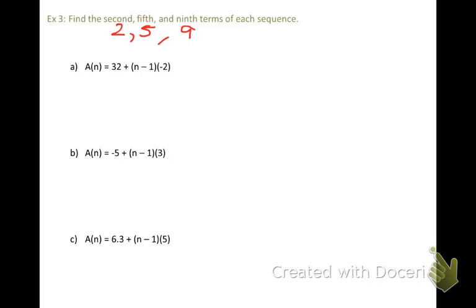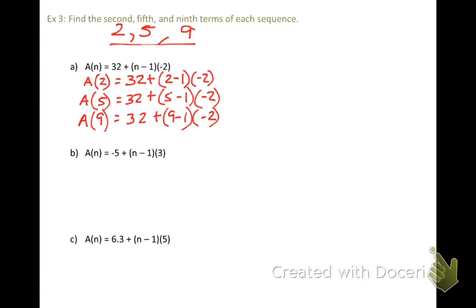So instead of trying to find out all the sequences, you're just going to plug these three numbers in, and you'll have 3 different answers. So you're going to go A2, that's just telling me it's the second term, equals 32 plus 2 minus 1 times negative 2. And you're going to do that for all of these.